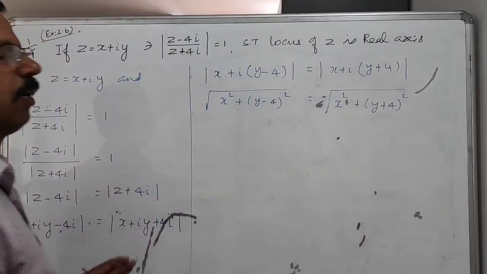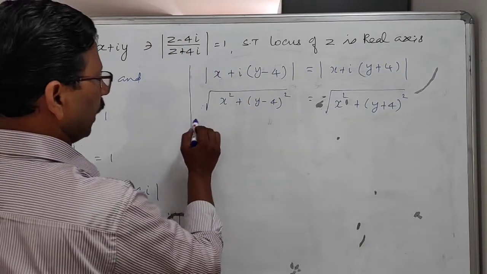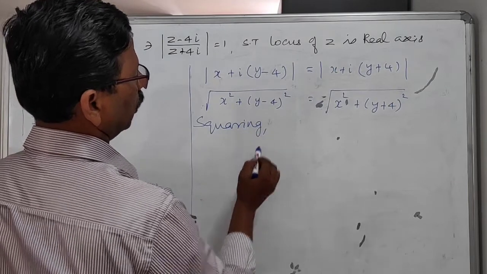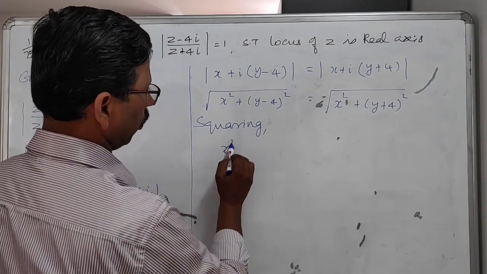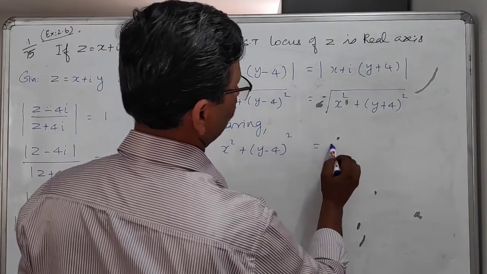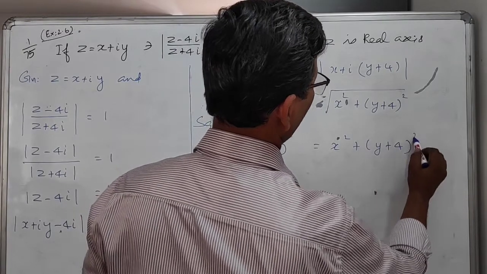Now on both sides we have a square root. Therefore, to remove the square root, we can square on both sides. Squaring we get x square plus y minus 4 the whole square is equal to x square plus y plus 4 the whole square.